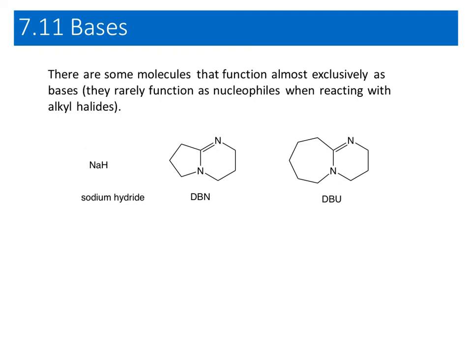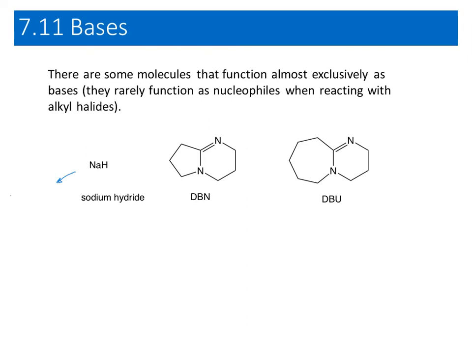For E2 reaction, the strength of the base is very important. And we know that there are some molecules that can act as bases and also act as nucleophiles. However, there are some molecules that can only act as a base and they can only be used in E2 reaction. So one of them is sodium hydride. So sodium is a counter ion.